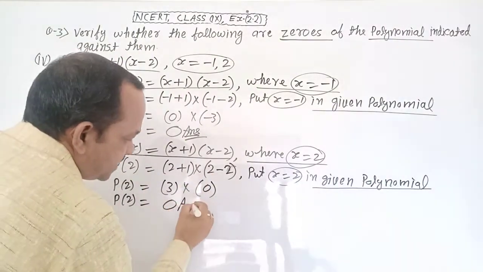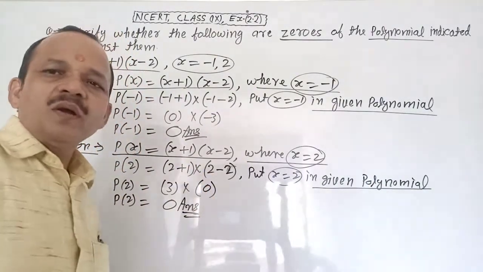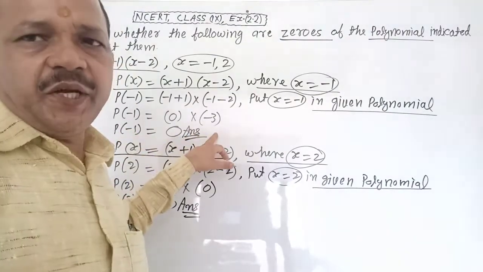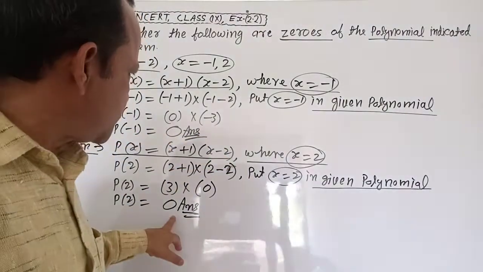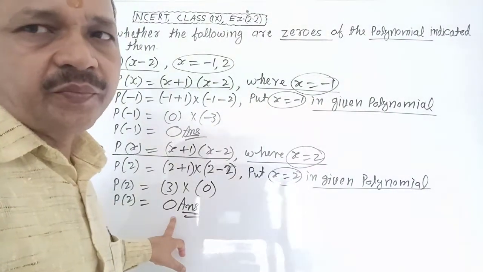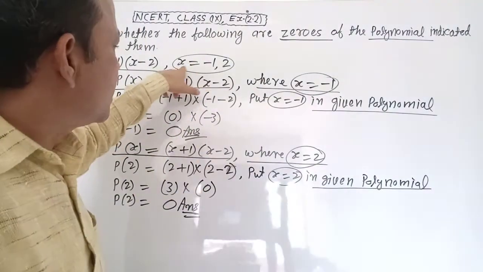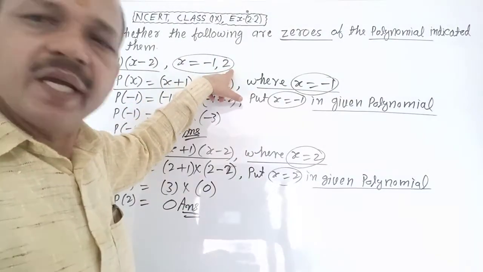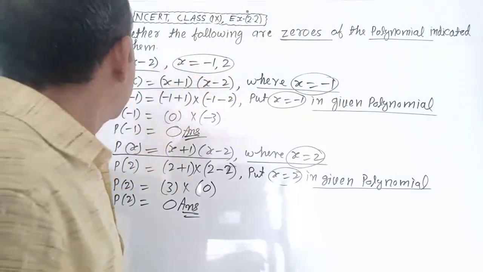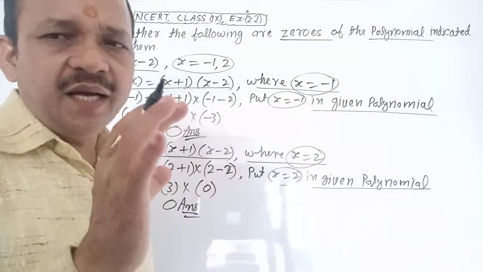Your answer is 0. In the first step your answer is 0. In the second step your answer is 0. Hence x equals minus 1 and 2 are zeros of the given polynomial. Clear? Verified.